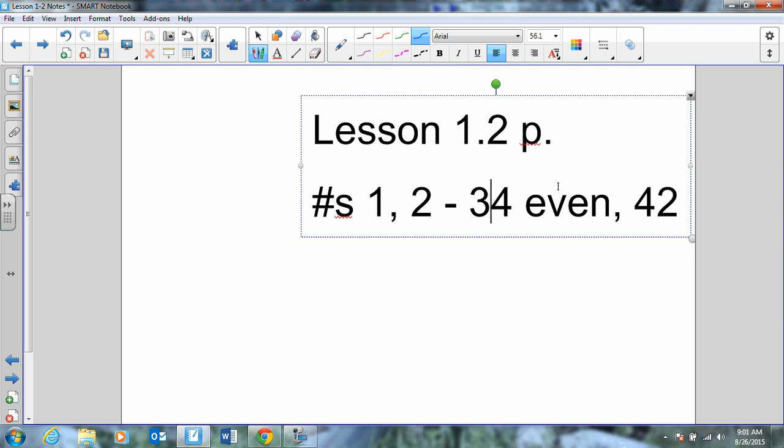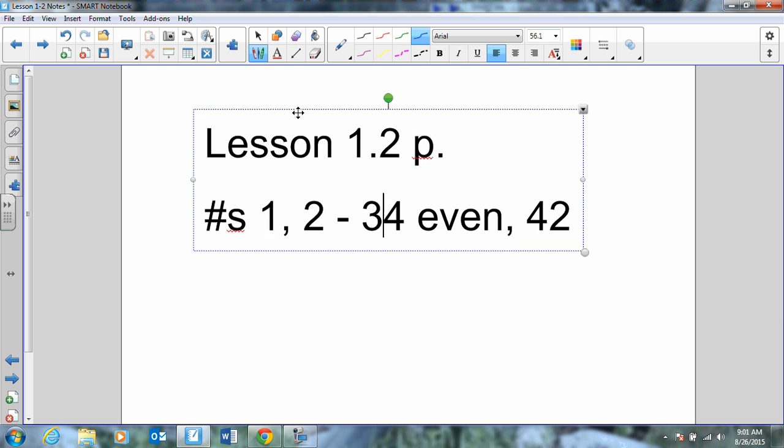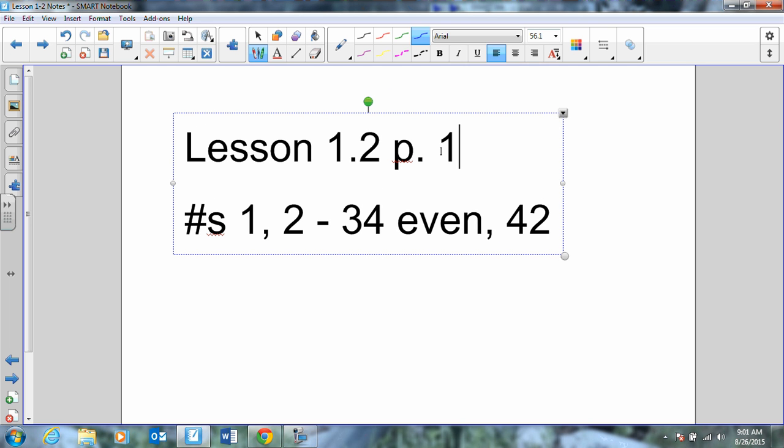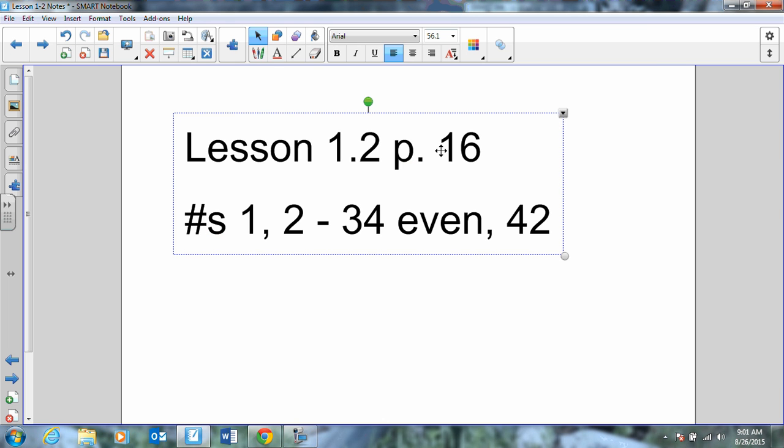Everybody find it? 16. On page 16, lesson 1.2, we're going to do number 1, and then numbers 2 through 34 even, and number 42.